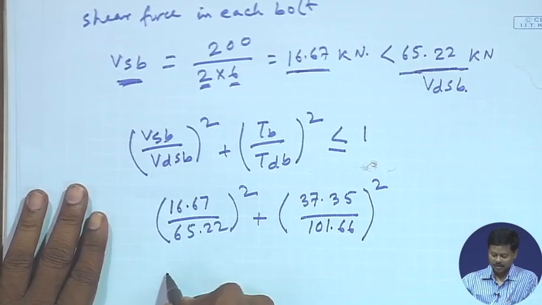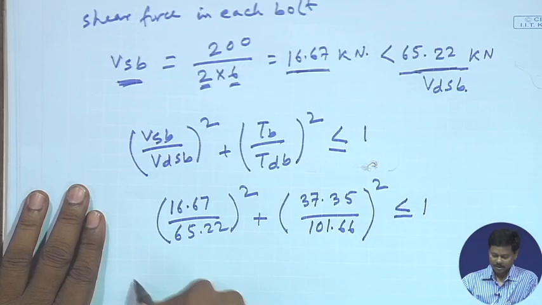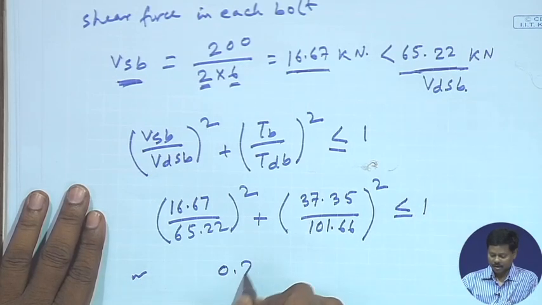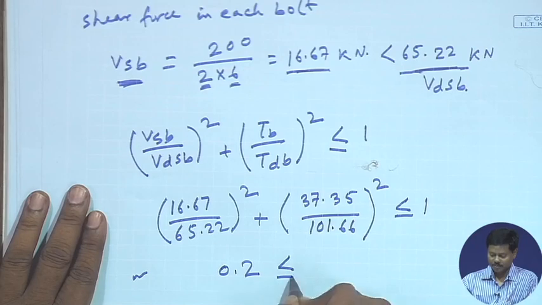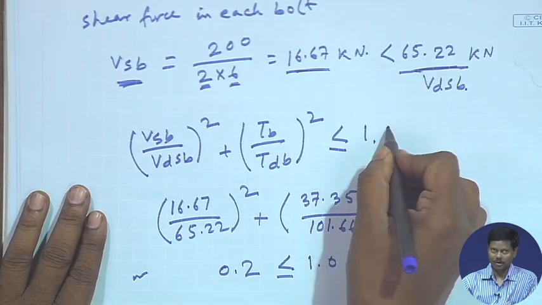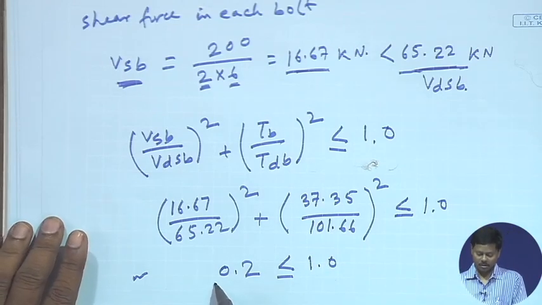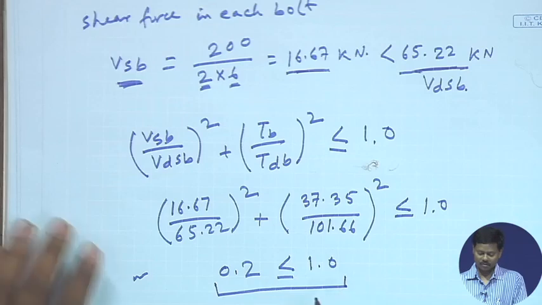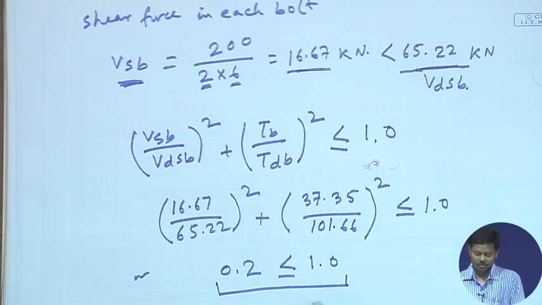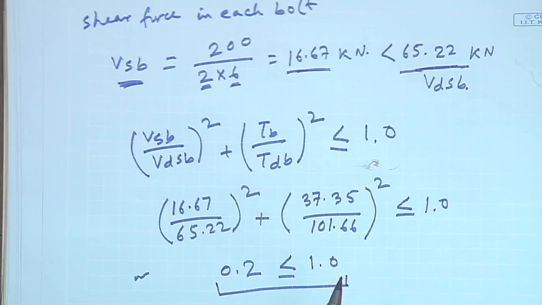This value is coming 0.2, which is much less than 1.0. That means, in the combined check also we are seeing that the bolt group is safe in both tension and shear.